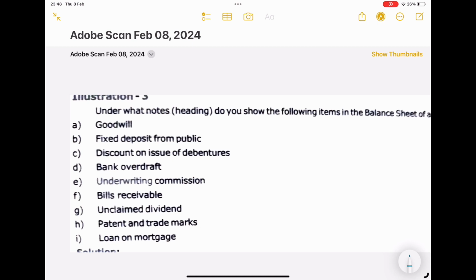Okay, so under what note or heading do you show the following items in the balance sheet of a company? First one, goodwill. Goodwill we are going to consider as an intangible asset, right? So it is an intangible asset, so it will come under fixed assets. Under assets the note number will be 7.